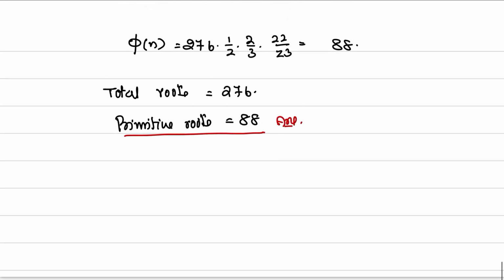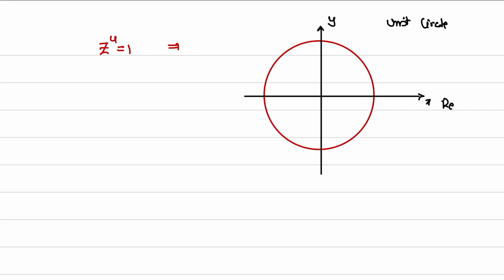For the example which I have done previously, z to the power of 4 is equal to 1, I will just draw a unit circle and show how primitive roots and regular roots are shown. This is a very important topic. It is a unit circle. You all may be knowing. The x-axis is real, the y-axis is imaginary.